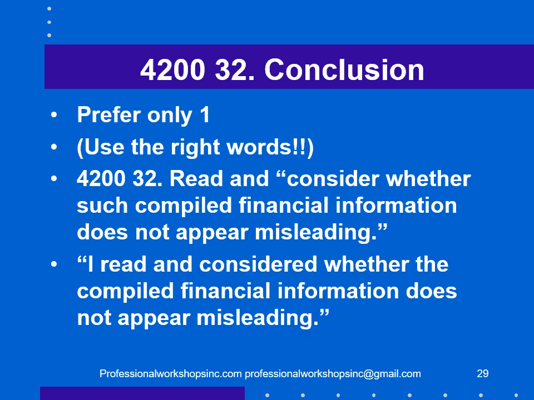Read and consider whether such compiled financial information does not appear misleading. So your conclusion is, I read and considered that the compiled financial information does not appear misleading. And we've mentioned on previous slides that perhaps there's some other things we want to embody in that conclusion, so that conclusion might get a little longer.